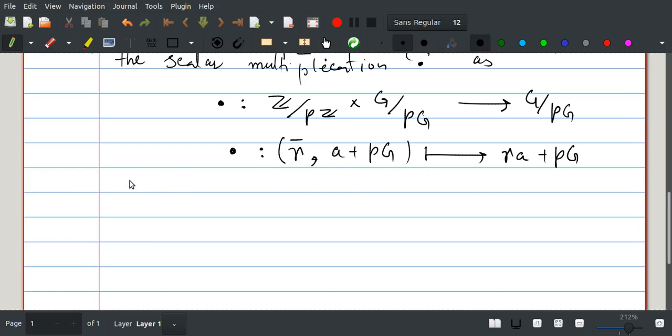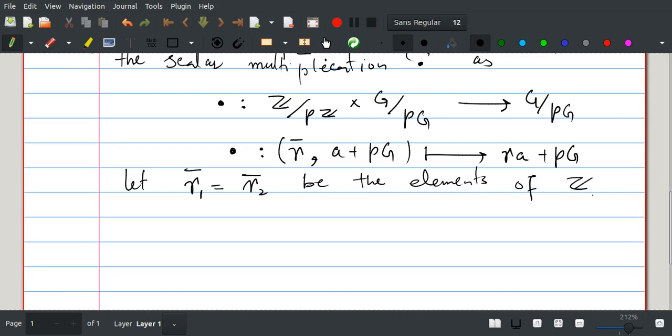So let R1 bar be equal to R2 bar, elements of Z mod PZ.